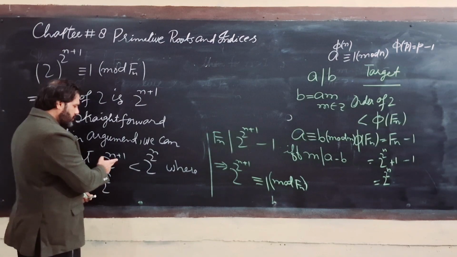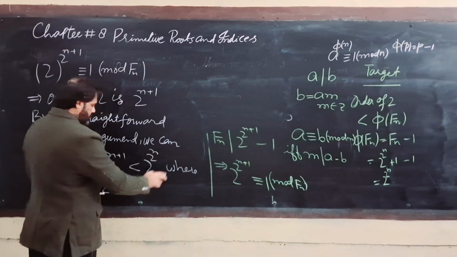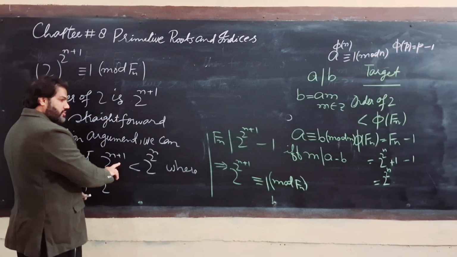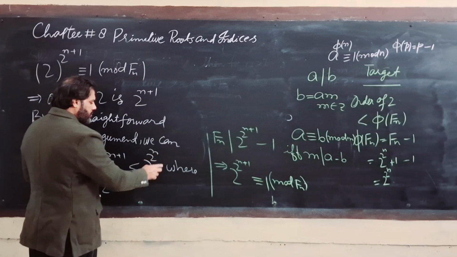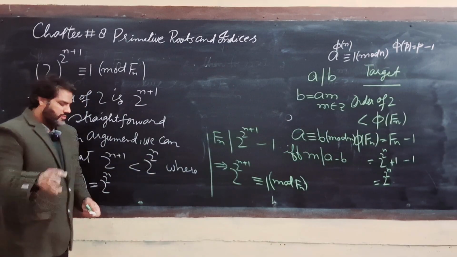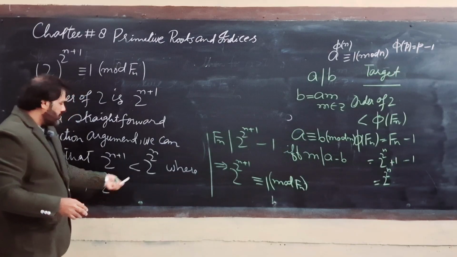When you put n equal to 3, this gives 2 raised to power 4, 16, and this gives 2 raised to power 8, 256. So this number is again less than this number. So this expression is always less than this.